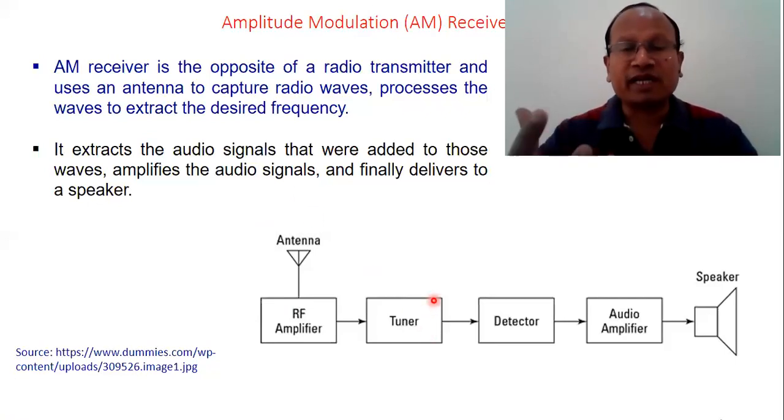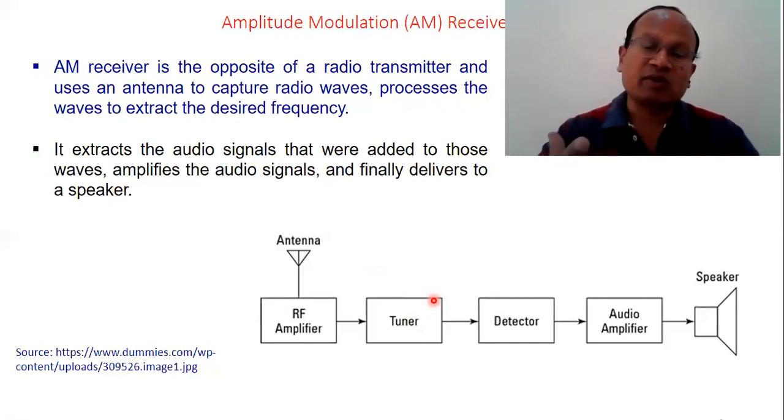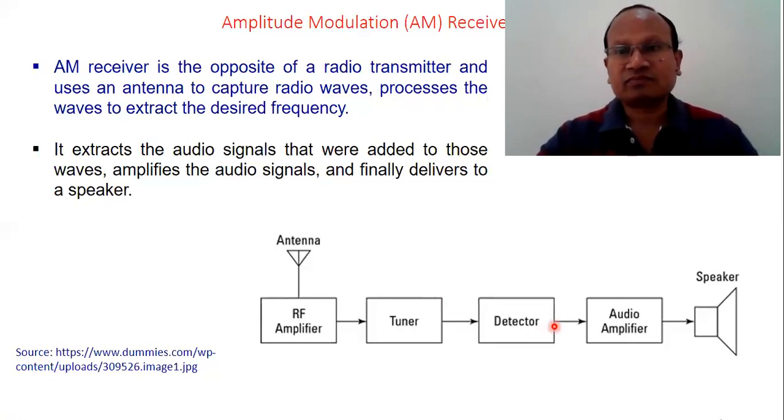And after tuning it, when we have decided that this is the modulated signal which we wanted to recover, then this modulated signal will be subjected to the detector. What is the detector here? Detector is the demodulator, amplitude demodulator.